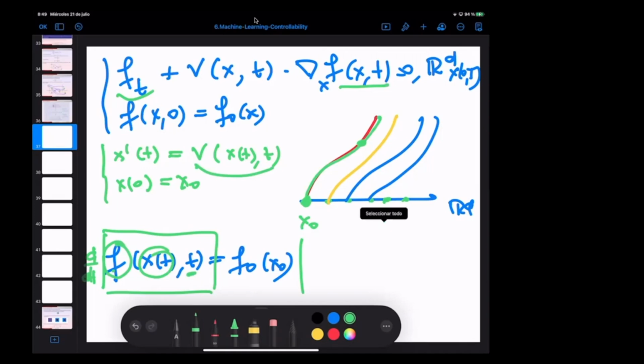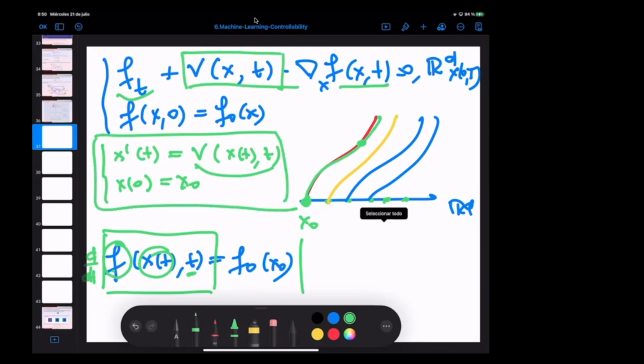You see that there is also some natural hypothesis that emerges in order to apply this theorem. Why? Because if I want this system of differential equations to be well posed with respect to the velocity field capital V, you will assume capital V to be globally Lipschitz.